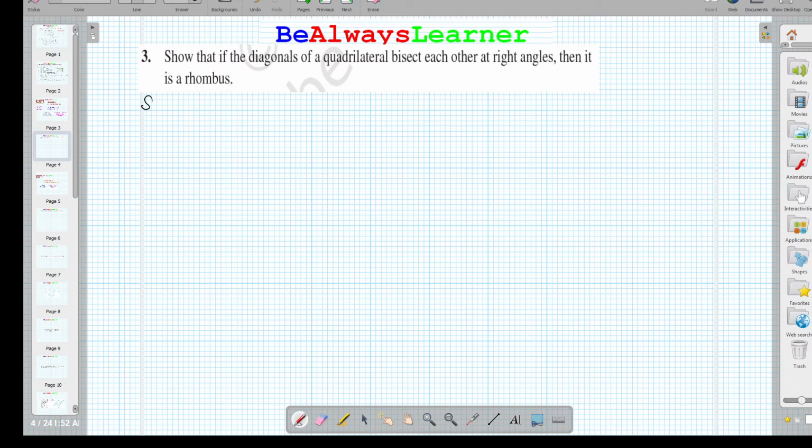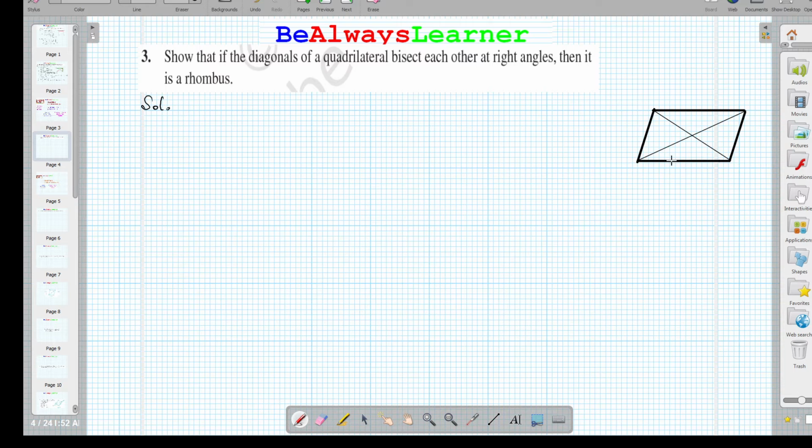तो सॉल्यूशन के लिए सबसे पहले हम एक quadrilateral बनाएंगे। So suppose this is a quadrilateral and the diagonals are like this, right?